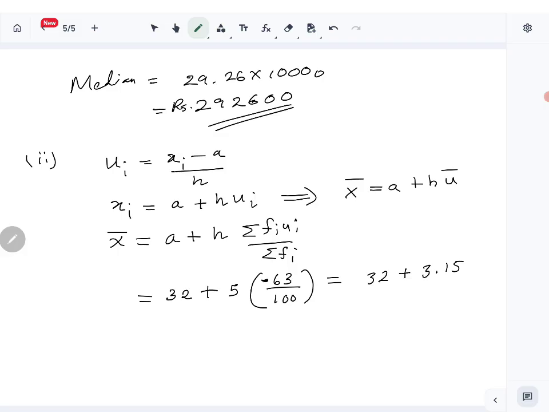So minus 63, so minus 3.15. That will give you 28.85. So the mean in rupees is 288,500 rupees.